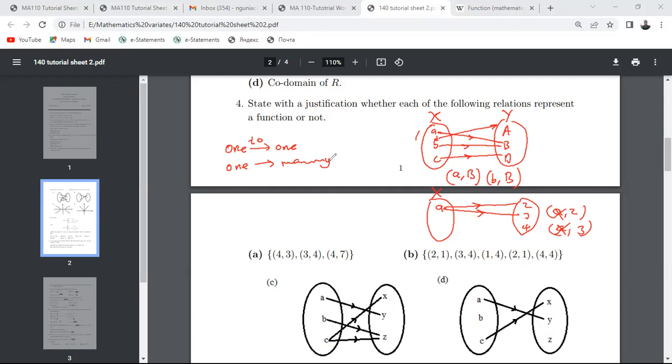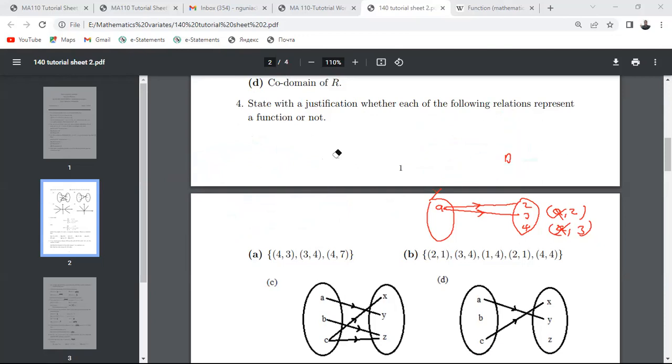But we cannot have many to one or many to many. So this is not a function. We are going to identify which ones have only one element from the domain, and those are the ones that will be identified as functions. So it's just a matter of identifying.